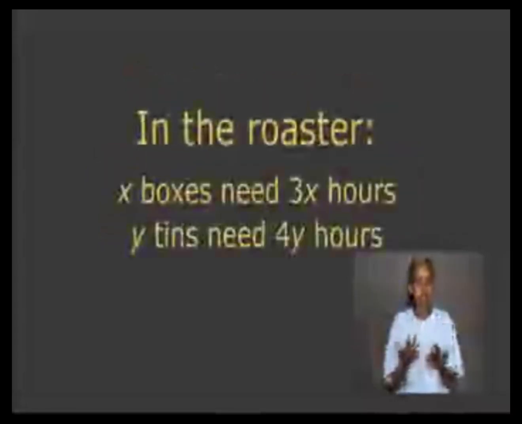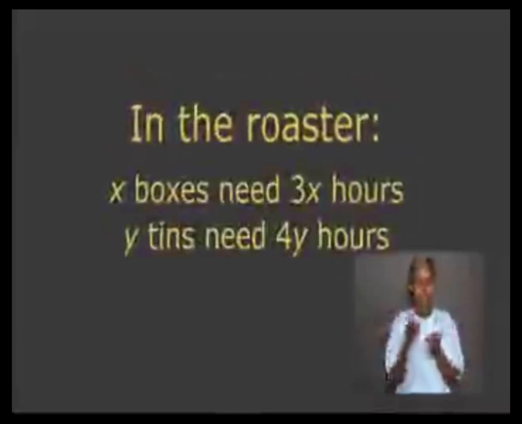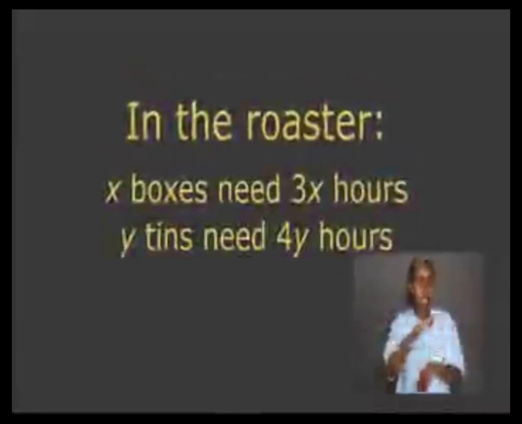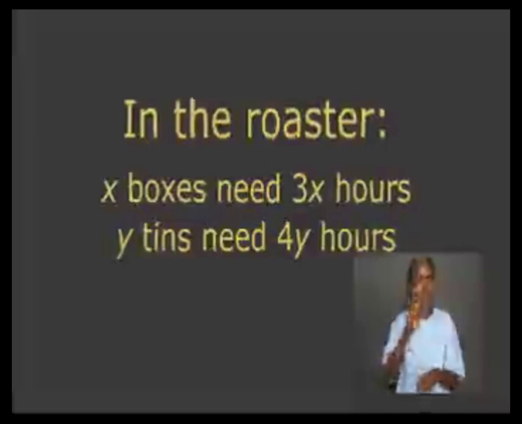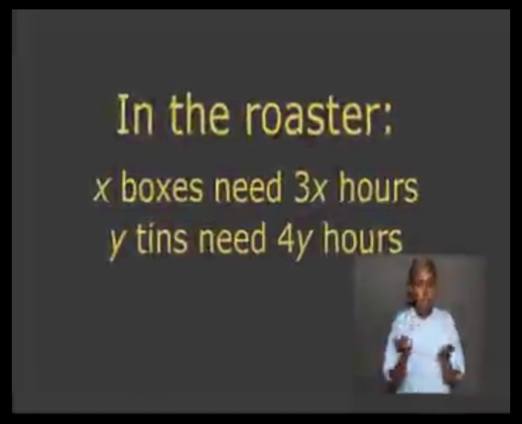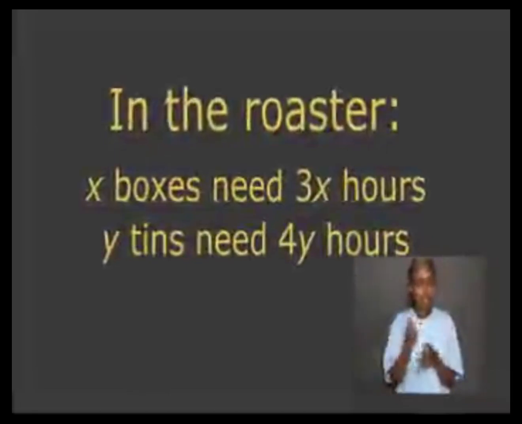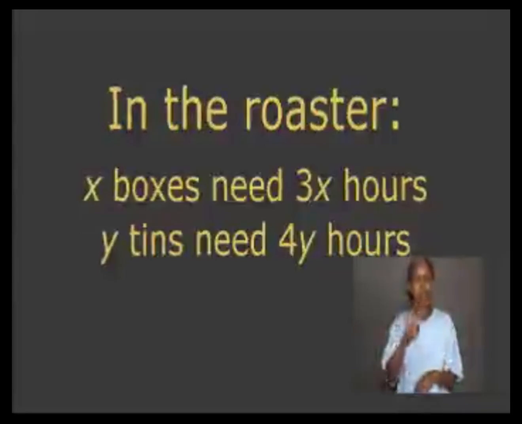In the roaster, x boxes need 3x hours, and y tins need 4y hours. Since the oven and roaster can operate for at most 16 and 24 hours respectively, we find the following system of linear inequalities.